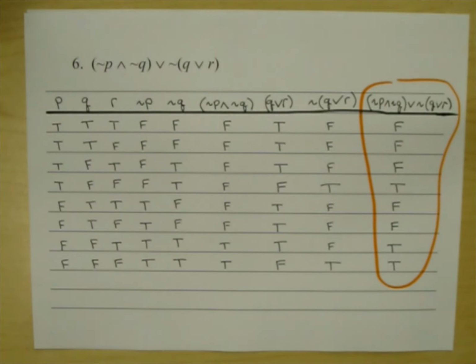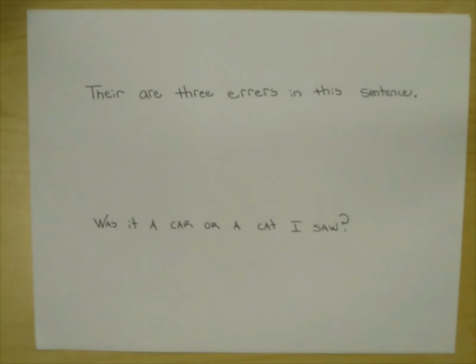So I believe we are finished with this section, section 3.2. But before we turn this video off, let's get back to this here. There are 3 errors in this sentence. Maybe you spotted them.